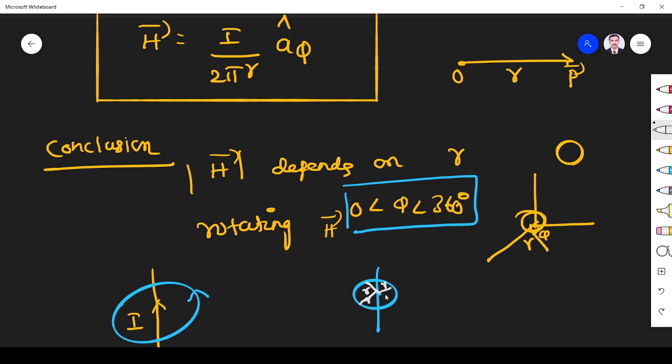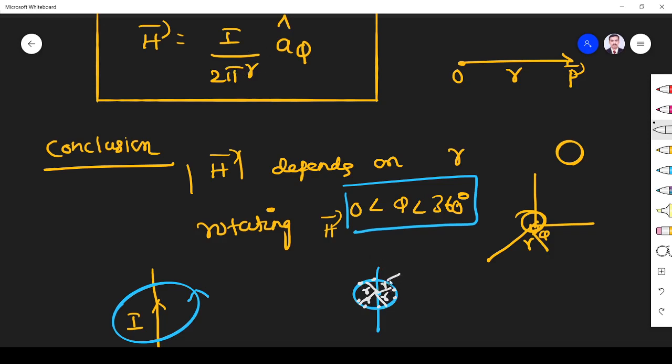This distance is R everywhere. All the points on this circle are at distance R. That means everywhere the magnetic field is the same because H is equal to I by 2 pi r. I is a constant, all over the circle the distance from the center is R, so R is also constant, and 2 pi is a constant.